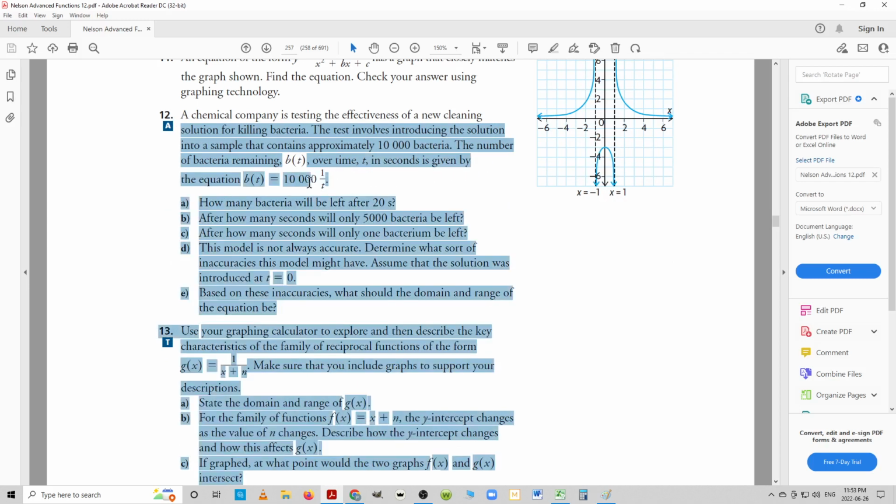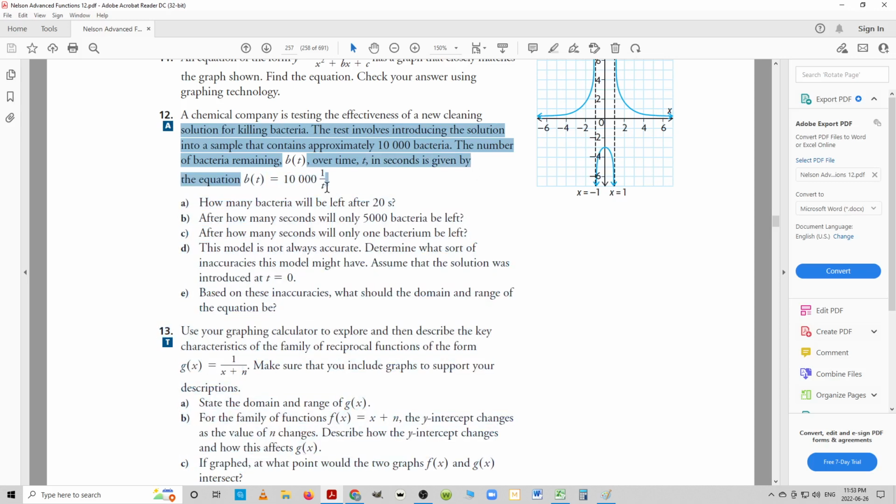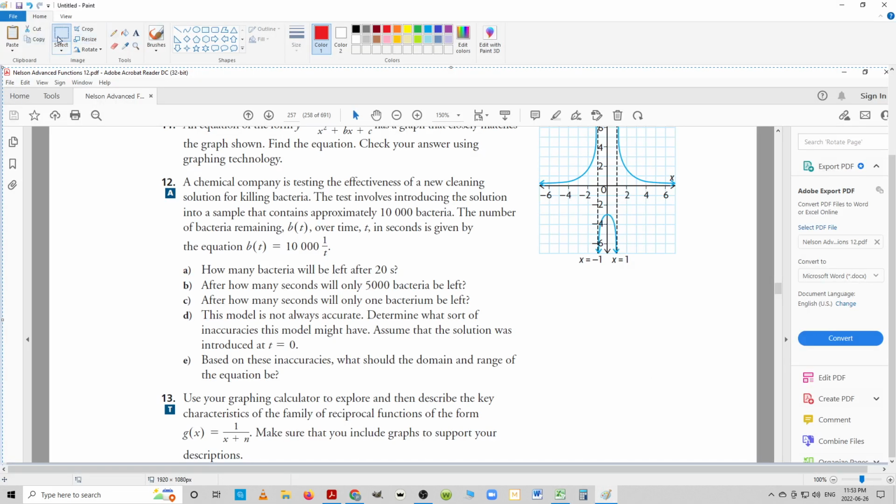So this is a situation where you have a decay curve, or actually it's not going to be a decay curve, it's going to be... I'll show you what it's going to be in a second. So this will produce a graph. This is kind of a weird question, because normally for something dying it would be a decay curve.